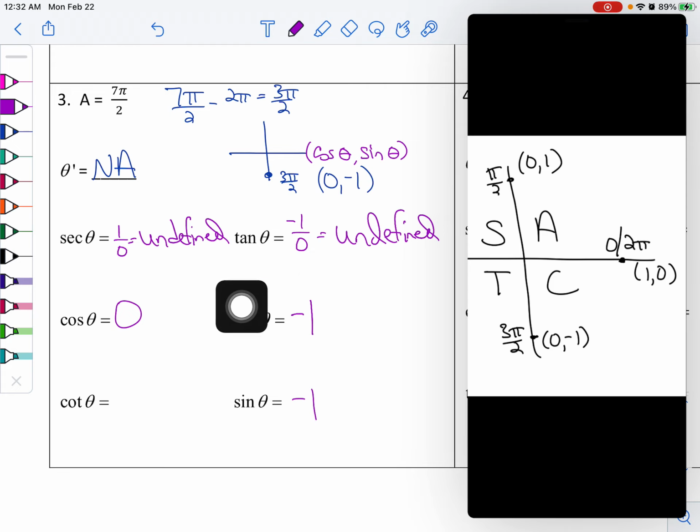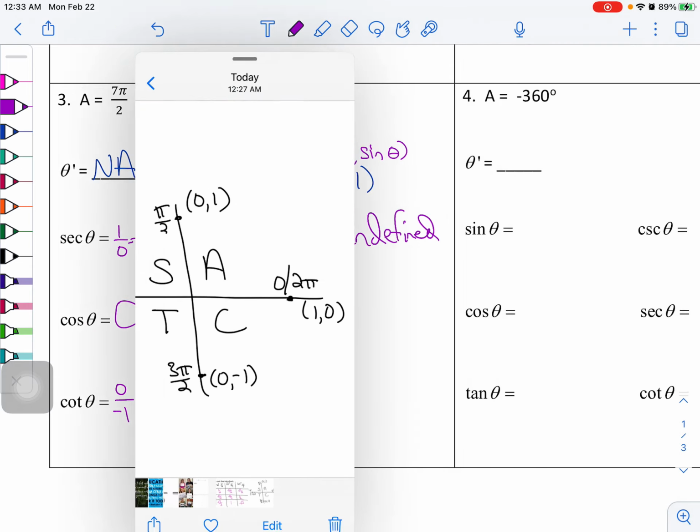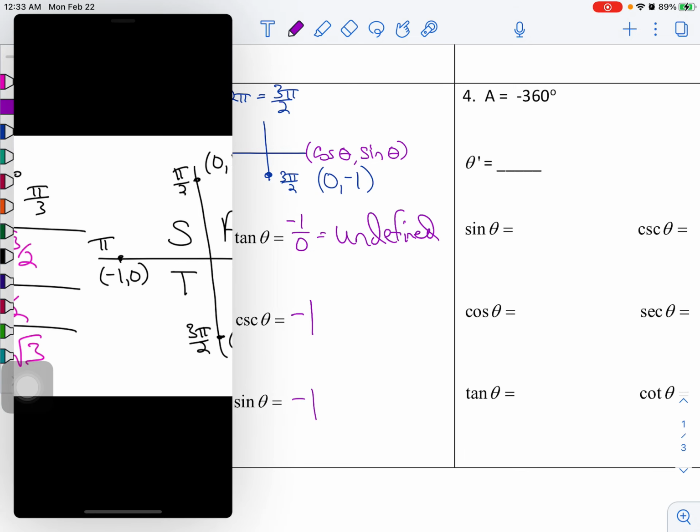Cosecant is the reciprocal of sine, so that's going to be -1. And cotangent is the reciprocal of tangent, so I flip the fraction over: 0 over -1, and that's just 0. I can have a denominator of -1, I can have a numerator of 0. What I can't have is a denominator of 0. That's what's causing these two to be undefined. So that's problem number 3.